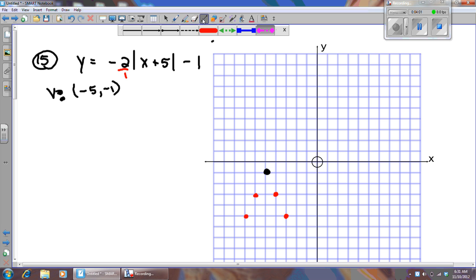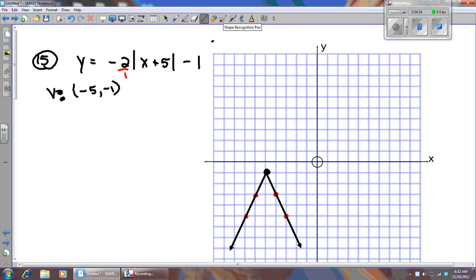Getting my characteristic V shape. This V is kind of skinny because my slope was -2, an integer. I had a fractional slope on the last one, like 1/4, and I ended up with a really wide V. Okay, getting ready to test domain and range.